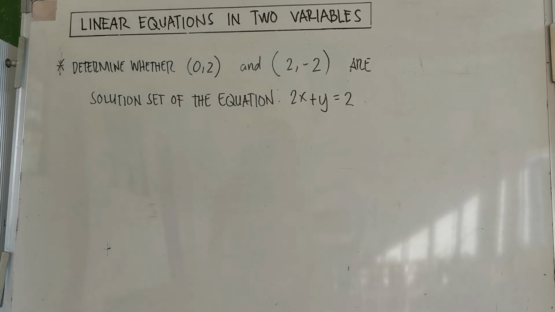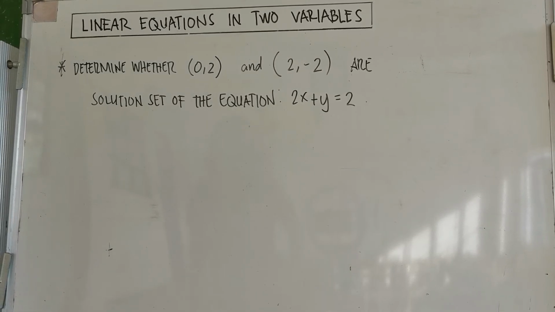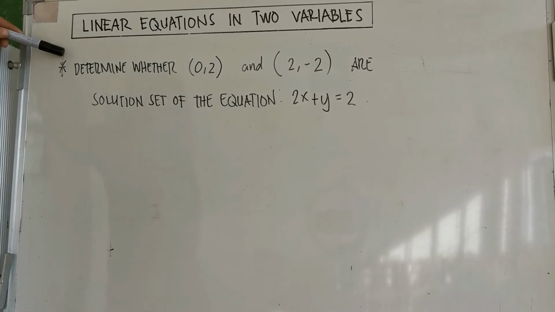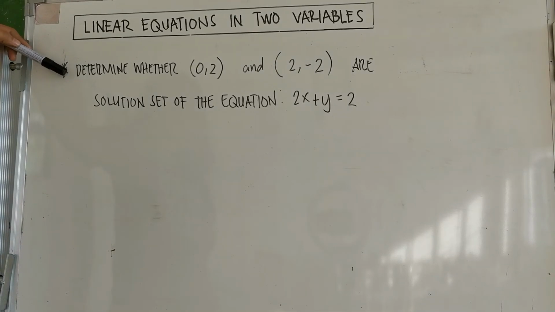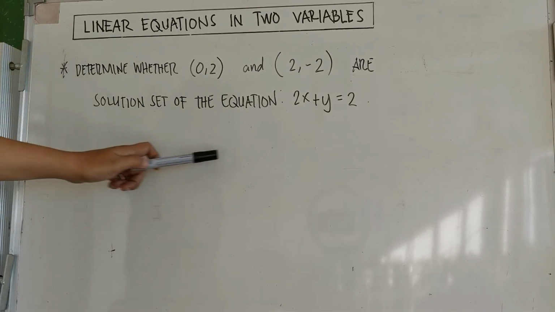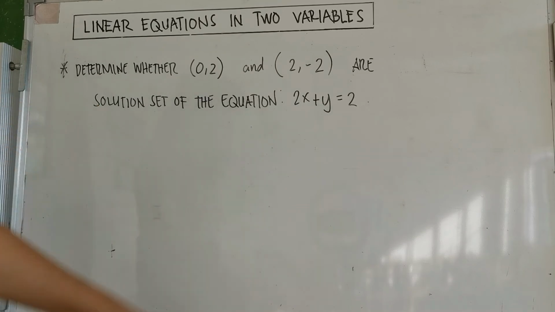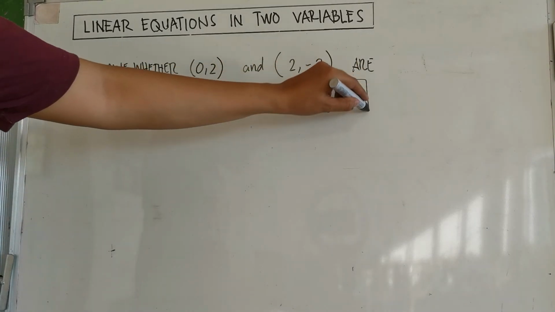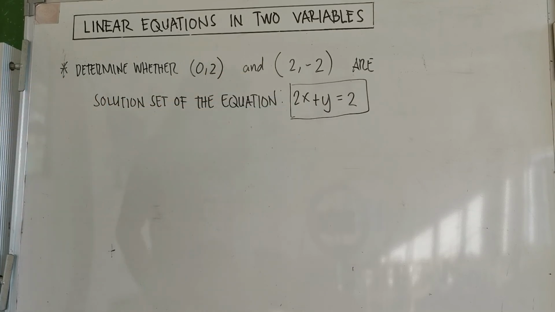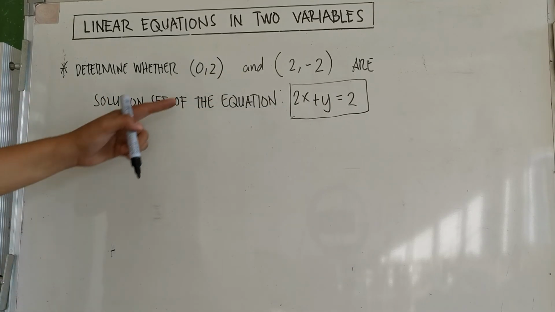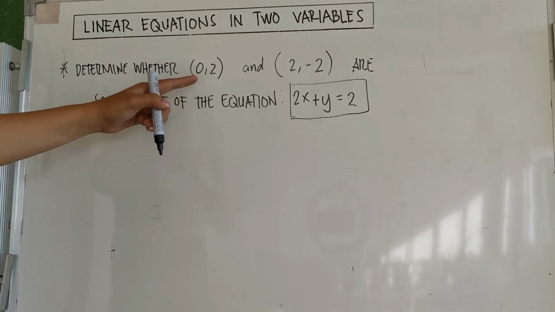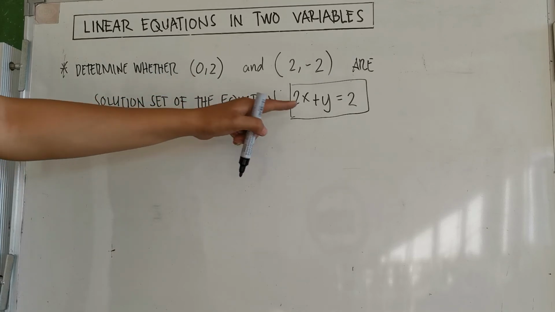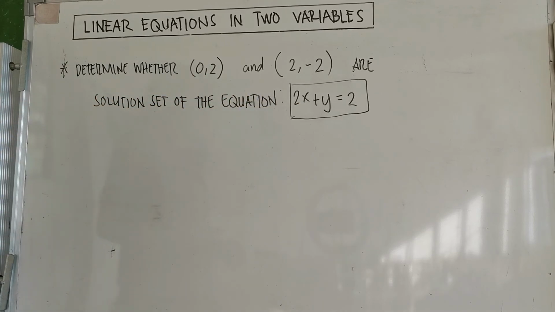Okay, for example, we have this problem. Determine whether (0, 2) and (2, -2) are solutions of the equation 2x plus y is equal to 2. Take note that our given equation is written in standard form. So how to evaluate if the given solution is included in the solution set of 2x plus y equals 2?